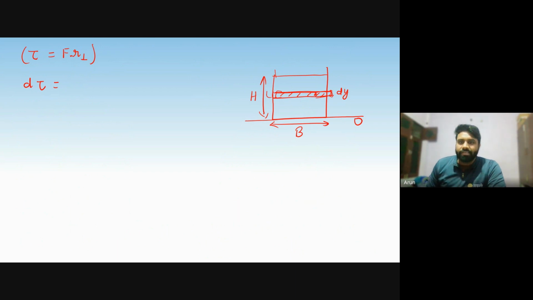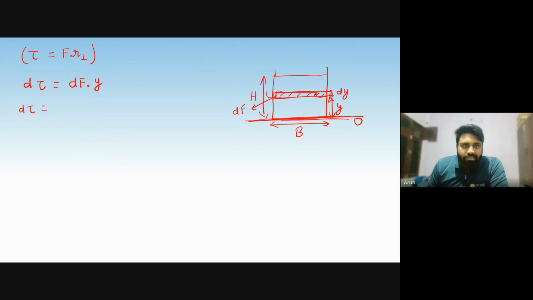That is why the torque has been developed here. So we have calculated the torque about this line. The perpendicular distance is y, so it will become dF, the amount of force applied by this strip, into the perpendicular distance, which is y, because F is in the outward direction.